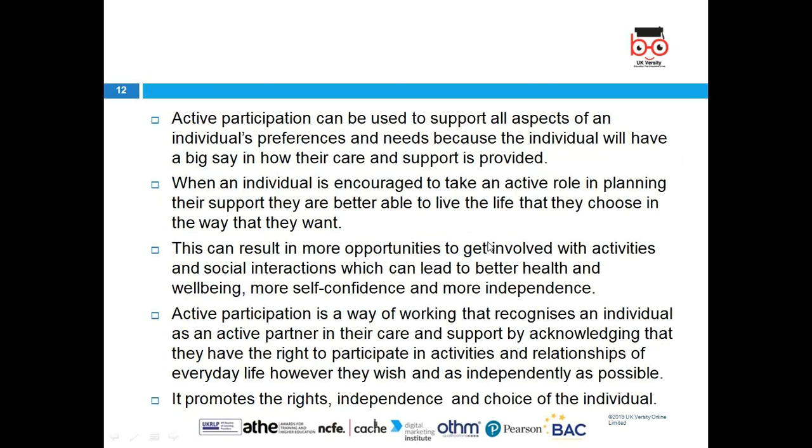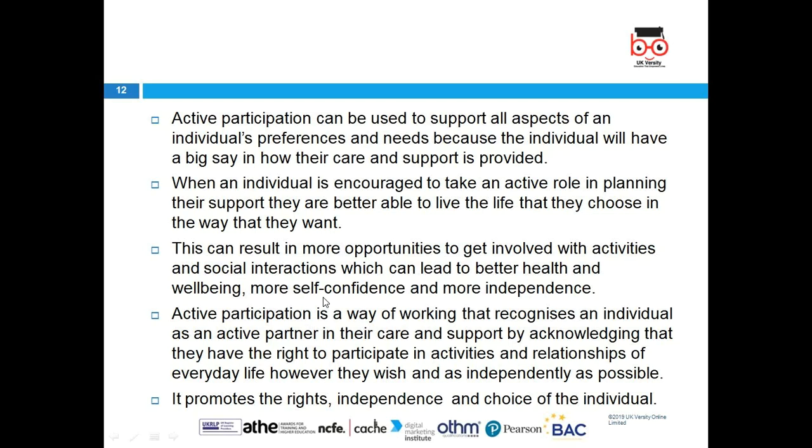Another benefit is that active participation can be used to support all aspects of an individual's preferences and needs, because the individual has a big say in how their care and support is provided. When an individual is encouraged to take an active role in planning their own support, they're able to live a better life, and they have a choice in what they say.